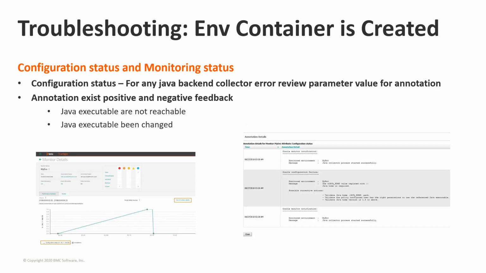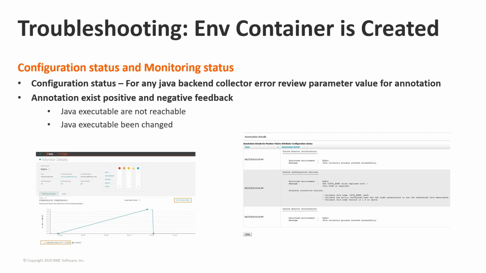The reason why the Java process is so important and basically has its own parameter is because if you configure an environment for your production databases, if the Java backend collector fails, you will lose monitoring for all your production databases. So this is a key piece of the monitoring functionality.